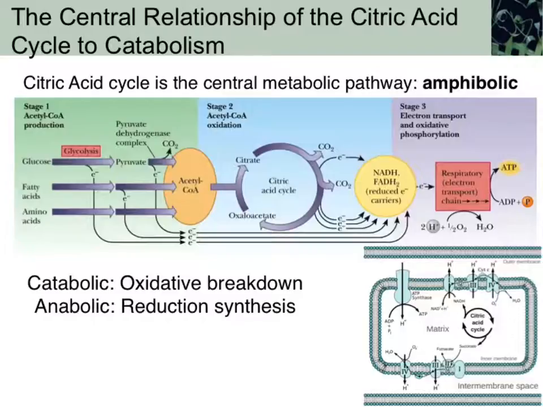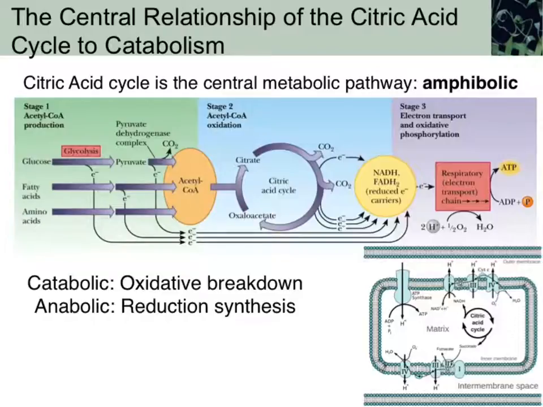The product of that gets dumped into the citric acid cycle. The citric acid cycle, as the name suggests, circles back on itself. So the product of the end of the citric acid cycle ends up being the reactant to start it. And in that cycle, we end up shuttling electrons around to the point where we can make a whole bunch of electron carriers, primarily our NADH.